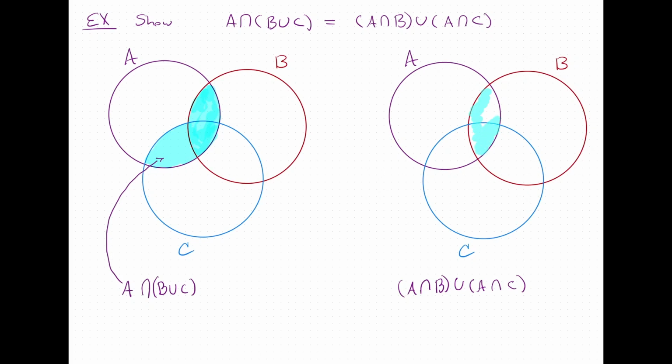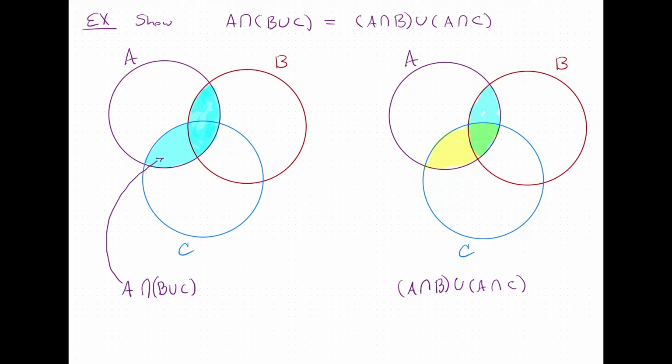And similarly, if we look at A intersect C, that is going to be this portion right here. And so that will be the intersection of A intersect C. And so now we're going to change the color. And so we do have this overlap now.